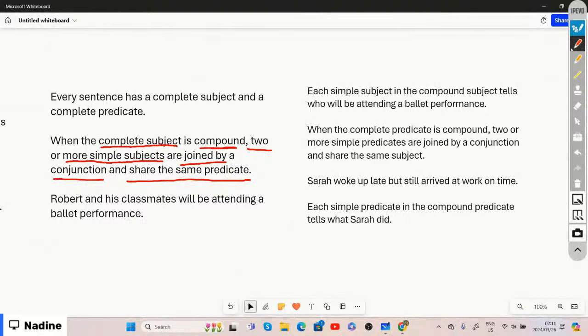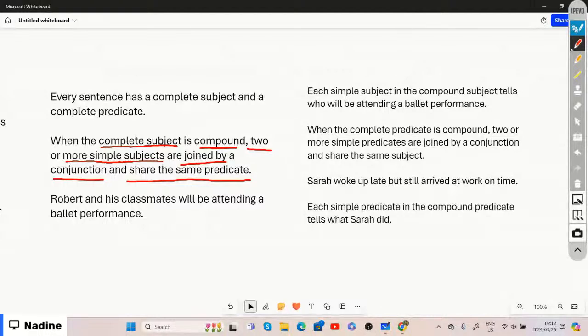But now when it comes to a complete subject that is compound, that means it is two or more simple subjects joined by a conjunction, and it shares the same predicate. Our most common conjunctions are words like and, but, or, so.